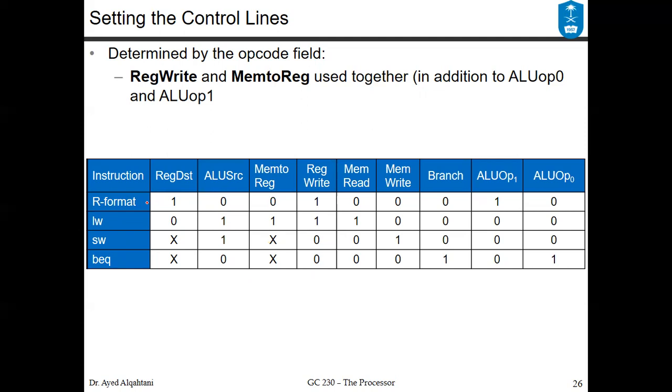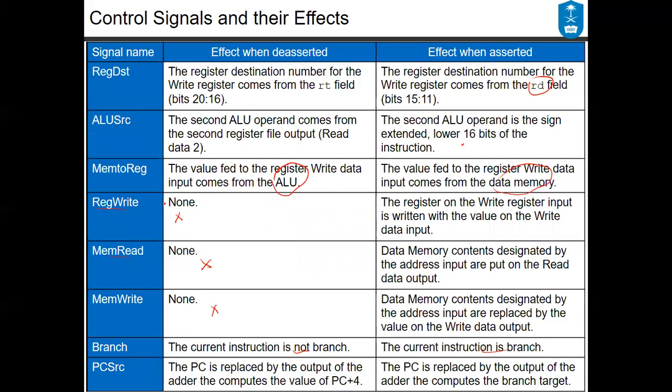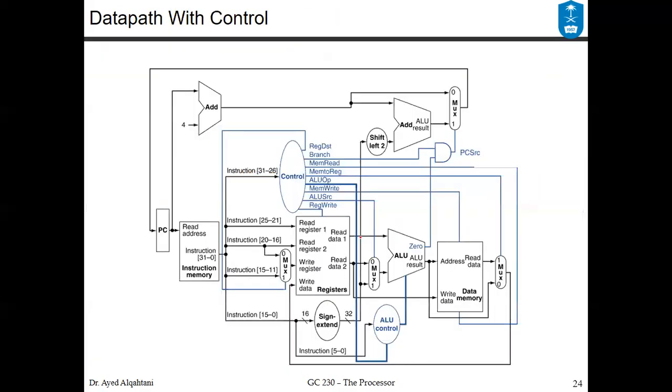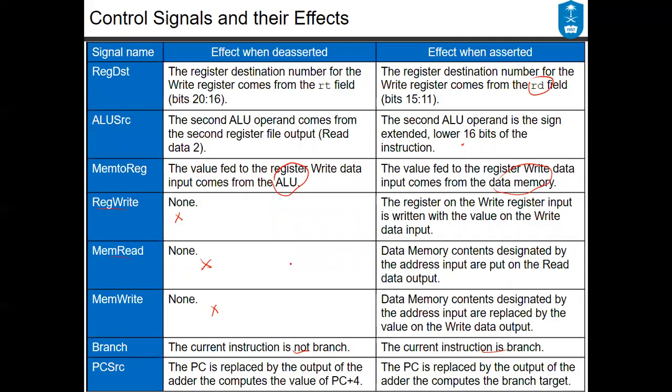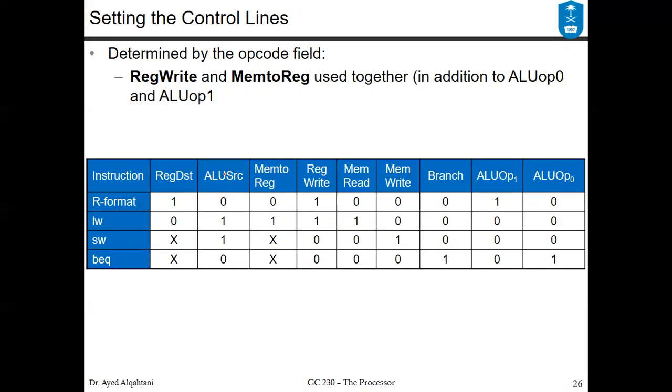If it is an R format, we need the register destination to be 1, meaning we need RD to be the destination. And you go check it back here. You see that the register destination should be equal to 1. So we get the RD because it's an R type. For the ALU source, it should be 0.